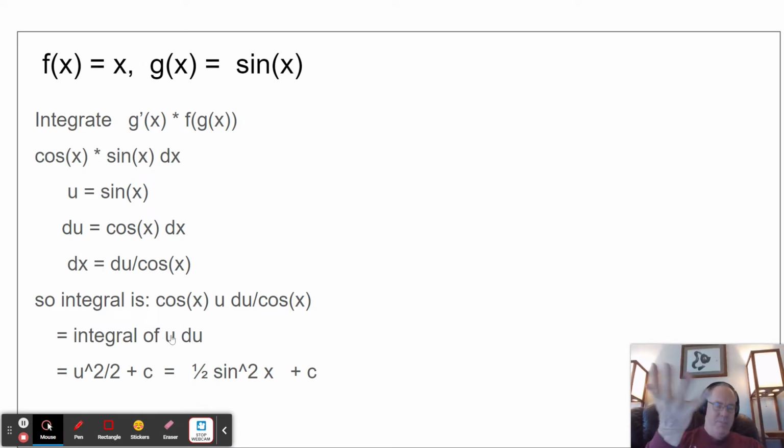Because f of x is x, f of u is u, so the integral of u du is u squared over 2 plus a constant. All we do is substitute in for u, which was the sine of x, and the answer is 1/2 sine squared x plus c.